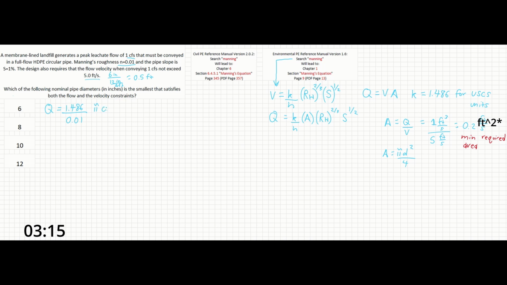So in the equation we can write pi times 0.5 feet squared over 4, which is what 6 over 12 is going to simplify to, times the equation for hydraulic radius, which is just going to be area over wetted perimeter. So that's going to be pi times 0.5 squared over 4 again, over the wetted perimeter, which is just pi times diameter, so at the bottom we'll do pi times 0.5 feet. And this entire fraction is going to be raised to the 2/3.